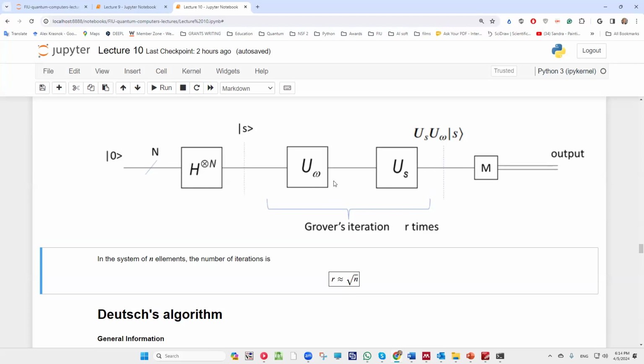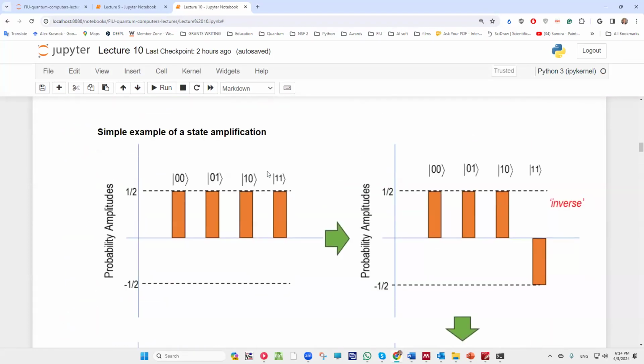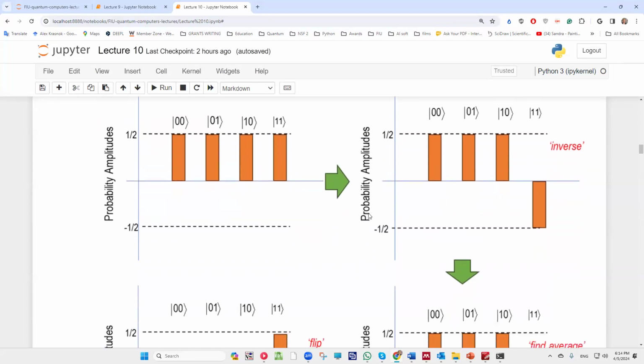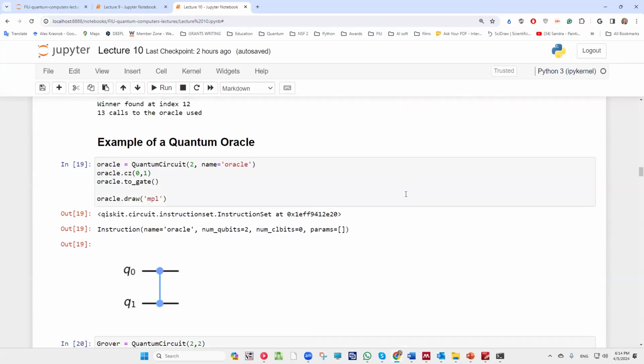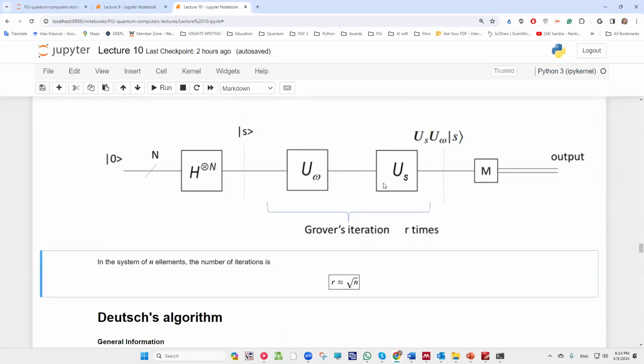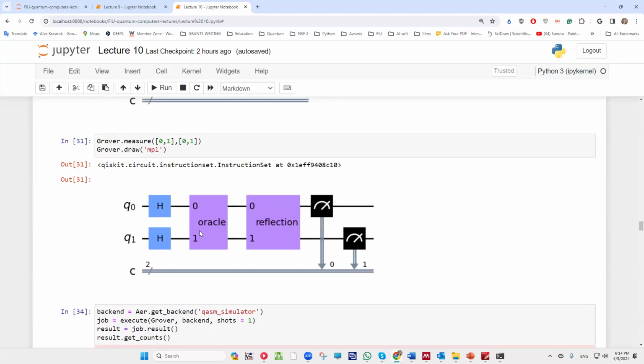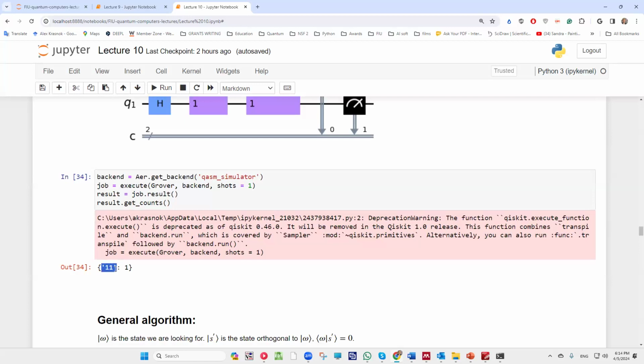For example, in our case of 2 qubits and 4 basis vectors, this formula would give square root of 4, which is 2, right? And in fact, if I apply this Grover's iteration a second time, I will get the same result, because this vector in my example already lands perfectly at the state 1,1.